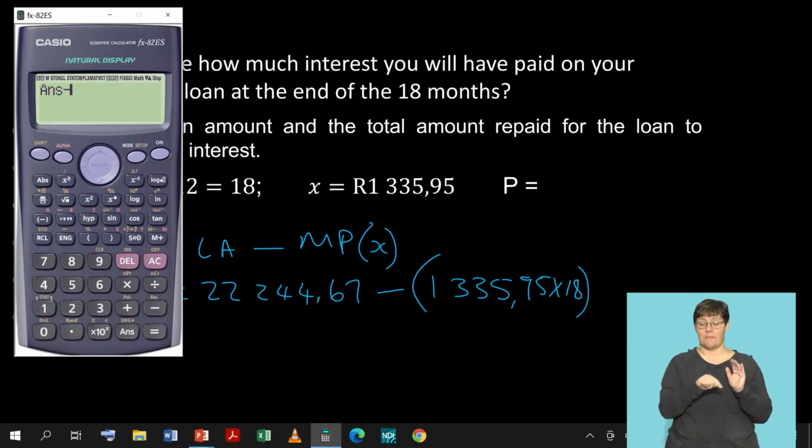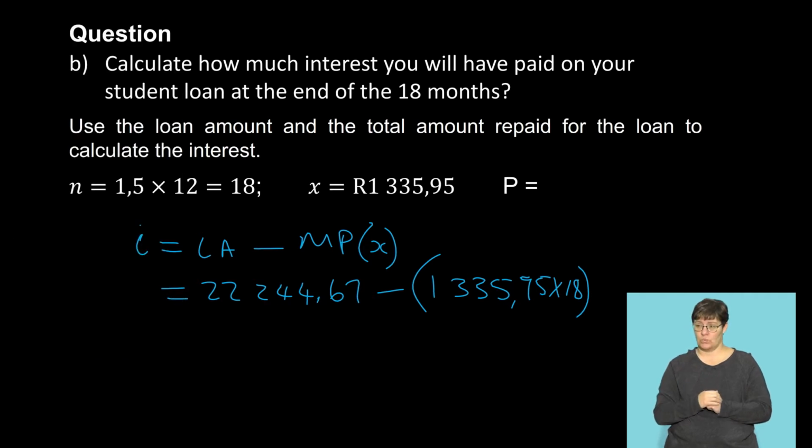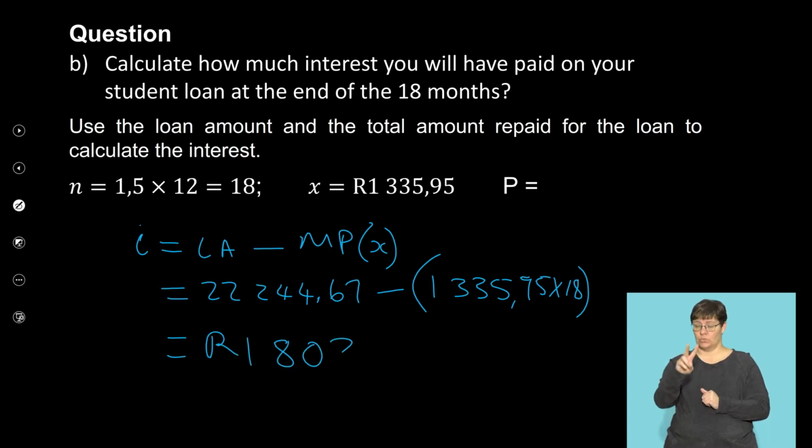So this amount minus, in brackets, 1,335.95 multiplied by 18, and this will give me 1,802. So you can use the loan amount and the total amount repaid for the loan to calculate the interest that you would have paid. So please do note that.